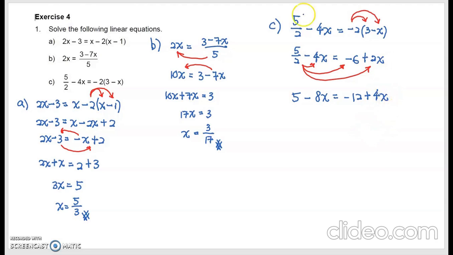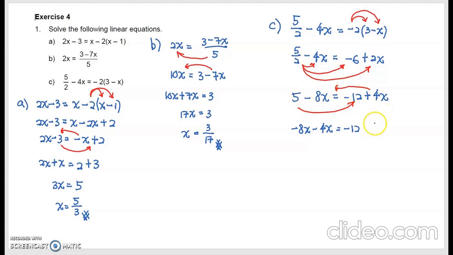So we try to arrange. Let's say I move 4x to the left hand side, or you can move negative 8x to the right hand side. It's up to you. So 5, I move to the right hand side. So I have negative 8x, and here is positive 4x. When I move to the left hand side, it will become negative 4x is equal to negative 12. Here is positive 5.